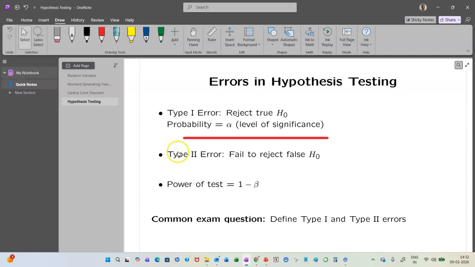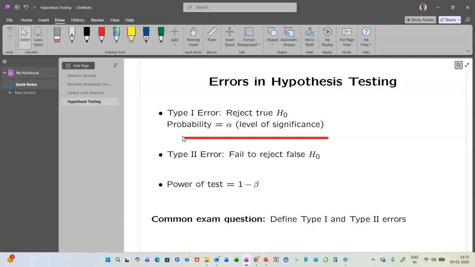And we fix a level for the type 1 error. We try to control the type 1 error as far as possible. We put an upper limit on the type 1 error, that is alpha, which is 5%, the 5% level of significance, or 0.05.